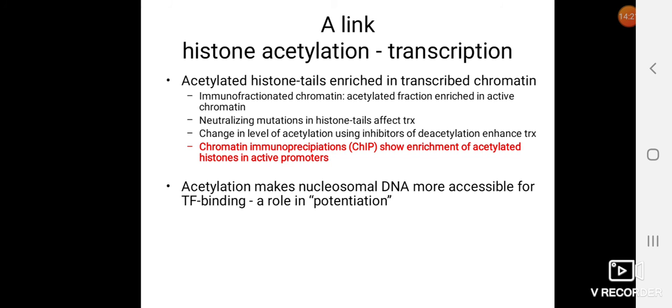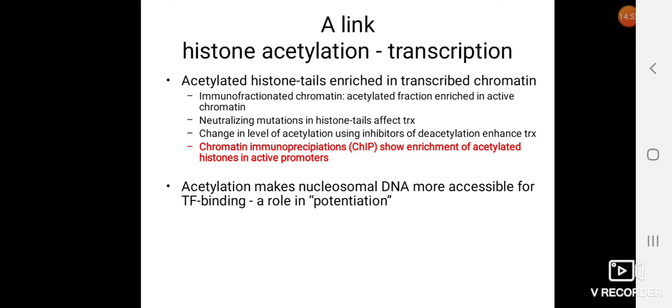People have found that histone acetylation has a very important link with the process of transcription. What they found is that acetylated histone tails are enriched in transcribed chromatin. By the process of immunofractionation of chromatin, acetylated fractions were enriched in active chromatin, that is, transcriptionally very active chromatin; they found acetylated histones are very high.